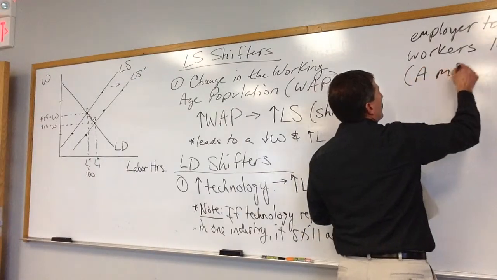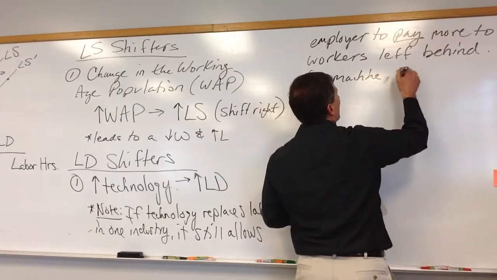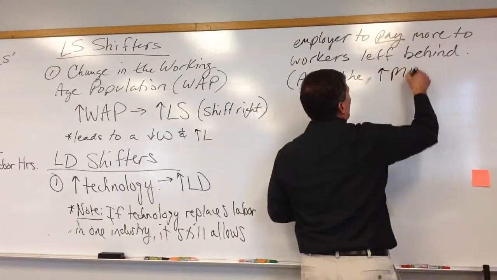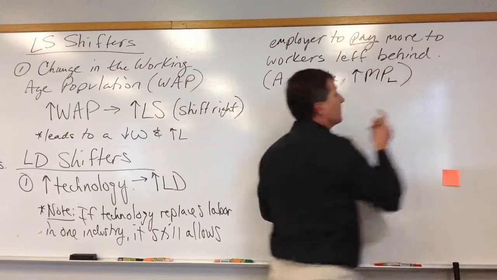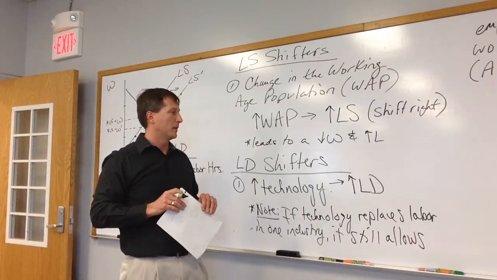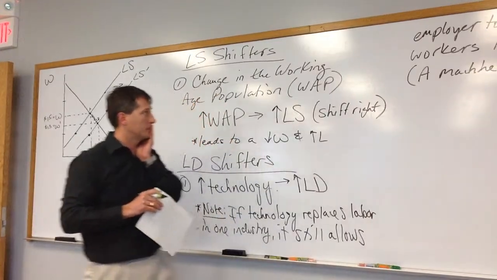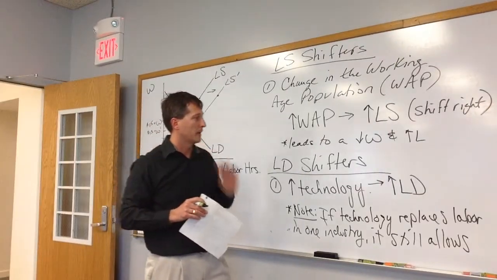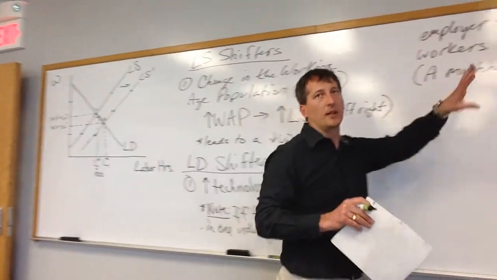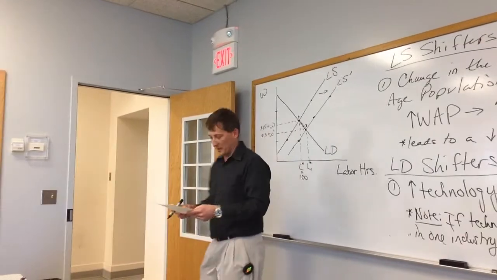A machine increases the marginal product of labor. Because this one's always a little bit difficult to try to work through. And the same is true for our next one that's coming up.